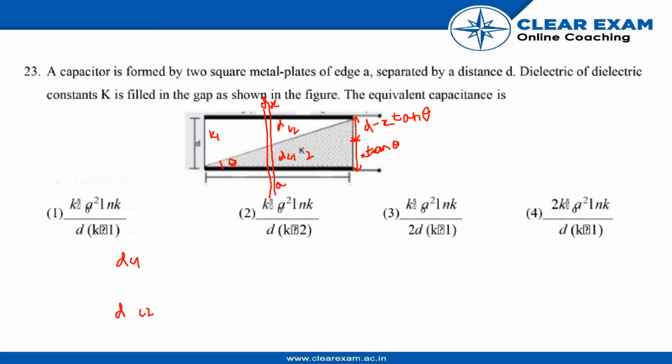So after taking out these two, we can integrate the expressions. What we will get: first we will add dc1 and dc2, and after that we will integrate.